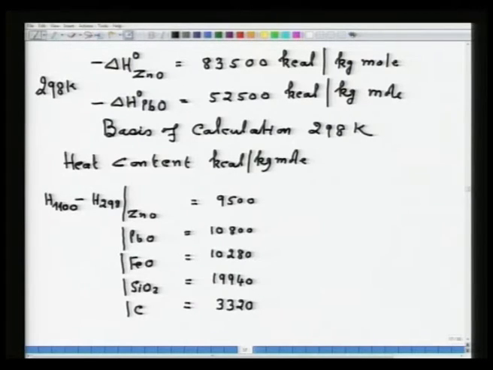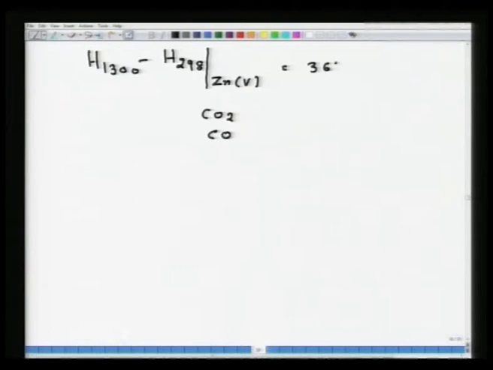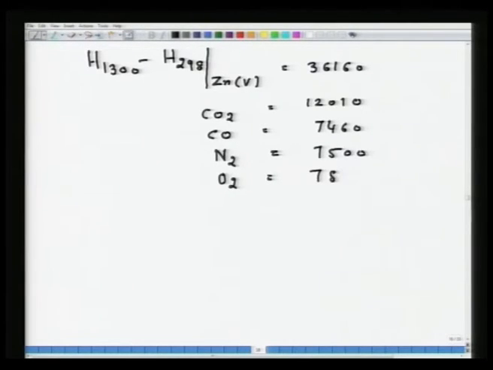Other heat content values, say H 1300 minus H 298, for zinc vapor, then CO2, CO, N2 and oxygen, are equal to 36,160 for zinc vapor, 12,010 for CO2, 7,460 for CO, 7,500 for N2, and 7,873 for oxygen, all as usual in kilocalorie per kg mole.